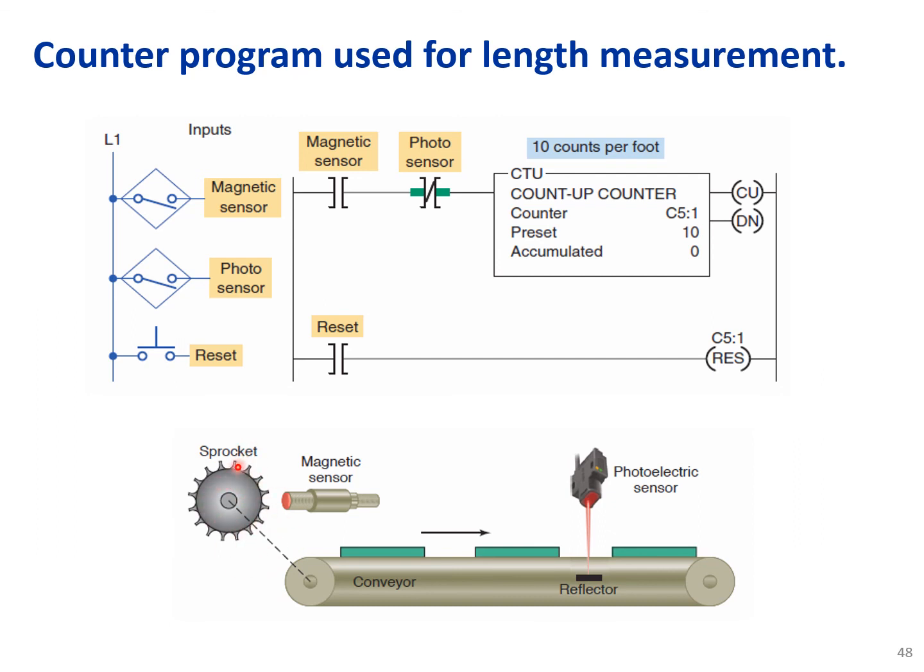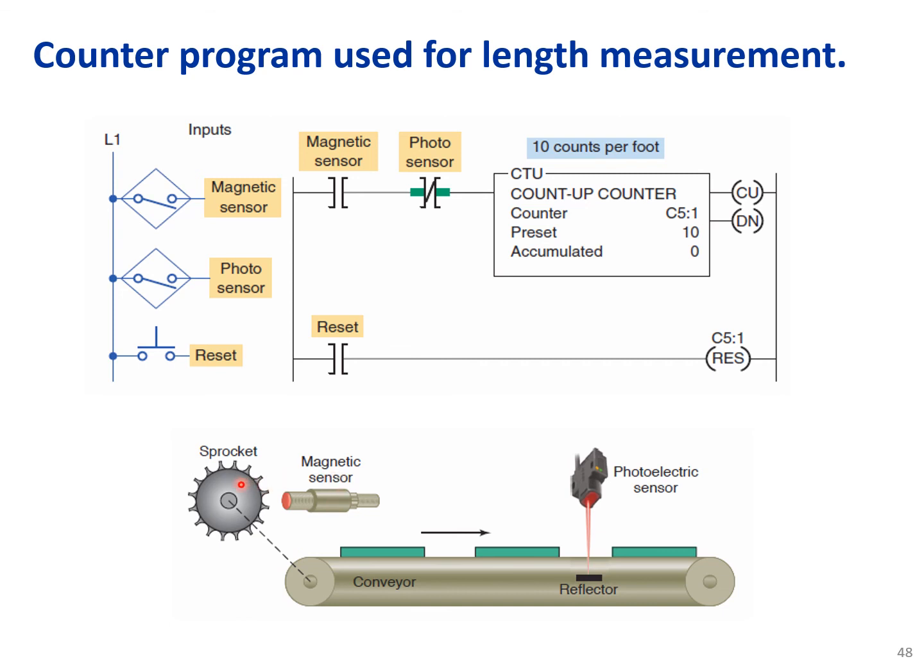The teeth of the sprocket trigger the sensor, so we could count how many of these teeth already pass the tip of the magnetic sensor.